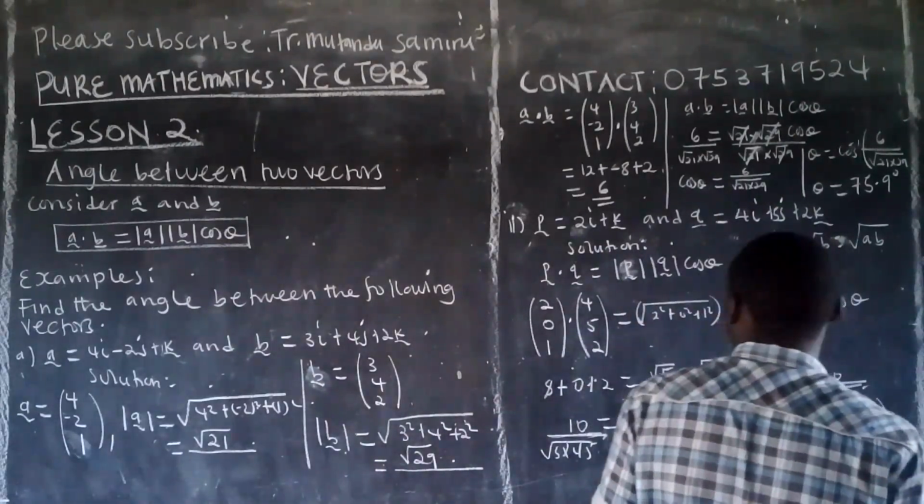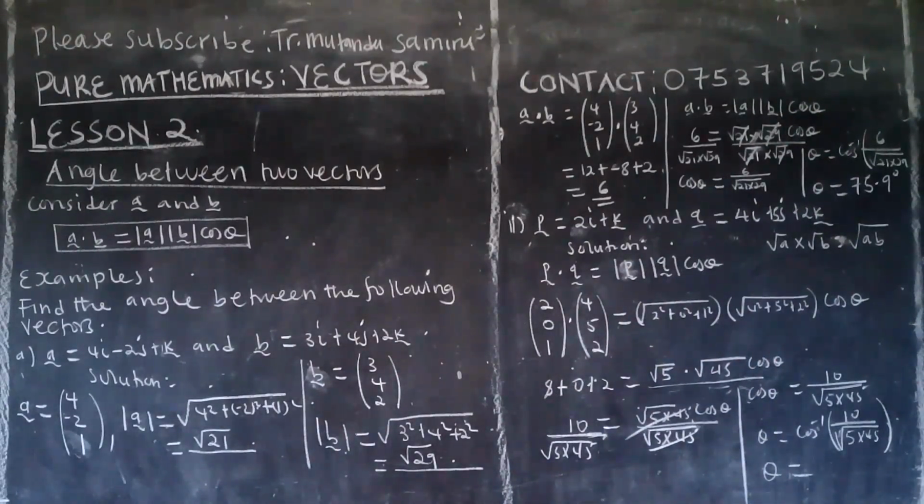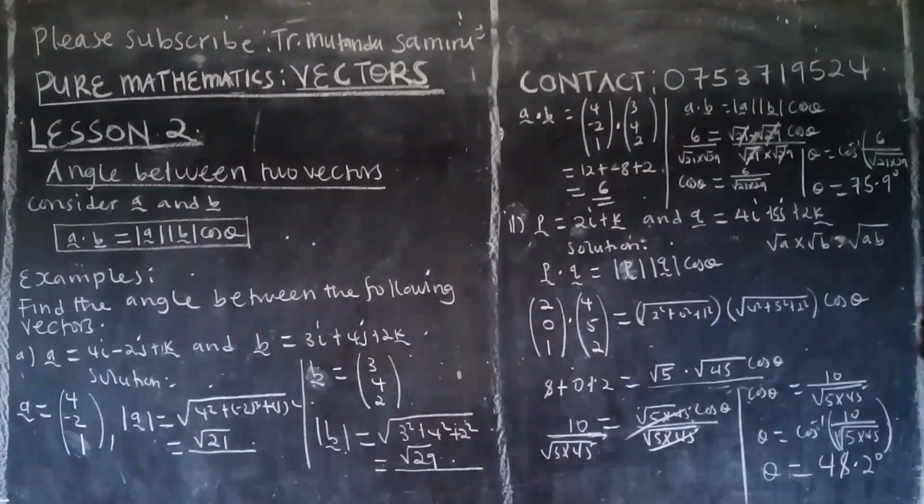So now we have cos inverse of 10 over the square root of 5 times 45, and we have 48.2 degrees, as simple as that.